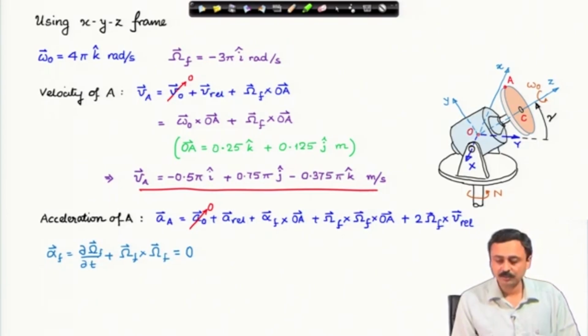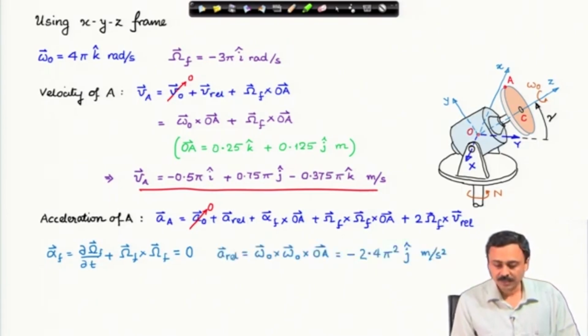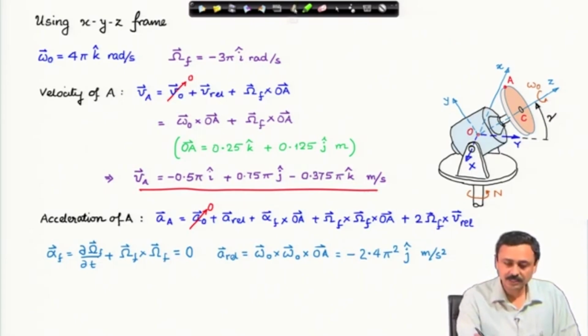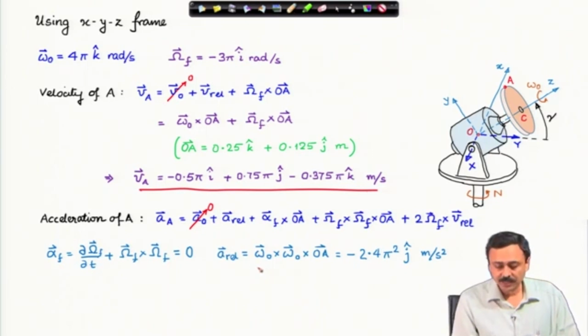The angular acceleration of the frame is 0 in this case, and A rel we have discussed. We already know V rel, we want to know A rel. A rel will have a centripetal term. There is no tangential term because omega naught vector has a constant magnitude.